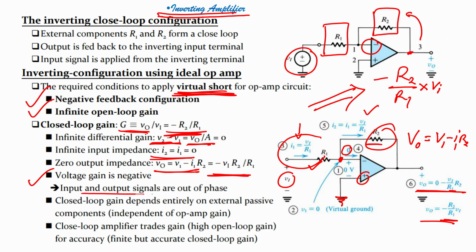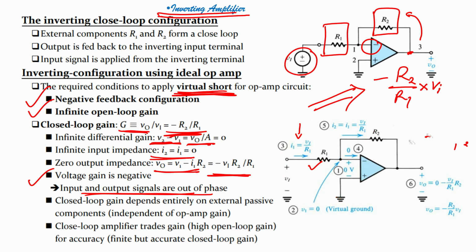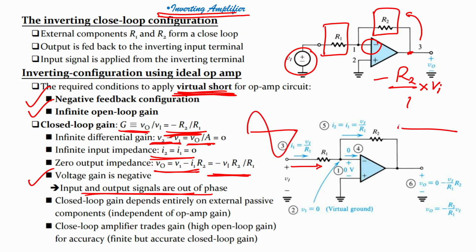Input and output signals are out of phase, this is another concept we have seen. When you apply the input to the inverting terminal, which is right over here, the output will be an amplified version of the input, and that amplification depends on the value of R2 by R1, right.